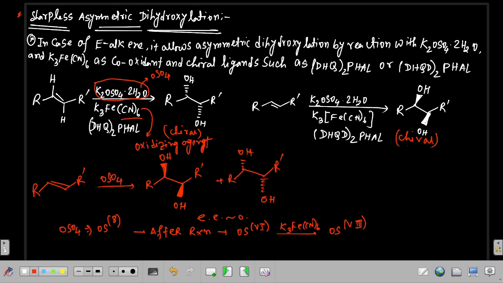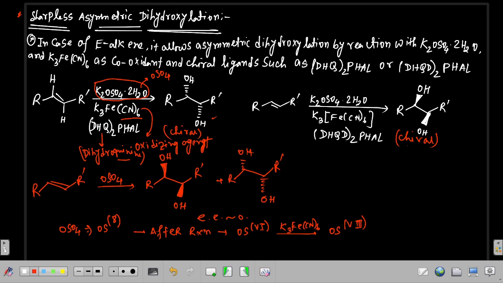Next we are using this DHQ, that is a dihydroquinine based chiral ligand. In presence of this dihydroquinine based ligand, dihydroxylation will happen mostly from below the plane only, from the dashed position.